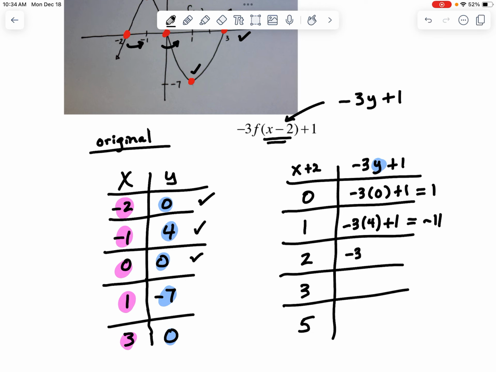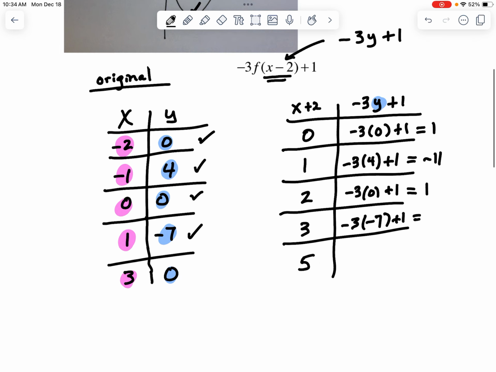So -3 times 0 plus 1. That equals 1. Now it's the -7. So -3 times -7 plus 1. Well, -3 times -7 is 21 plus 1 is 22. And then for the last one, -3 times 0 plus 1 equals 1.